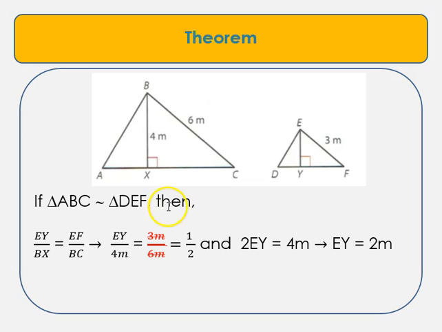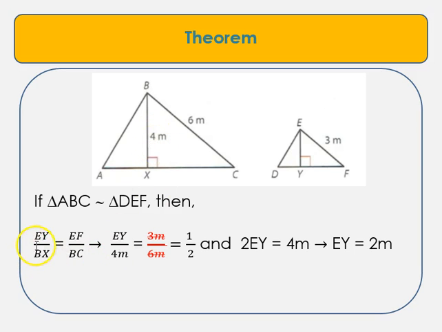Here's what that would look like. We have triangle ABC and triangle DEF. They are similar. Now we can prove that they're similar by proving that at least two sides are similar, or that a side angle side is similar.